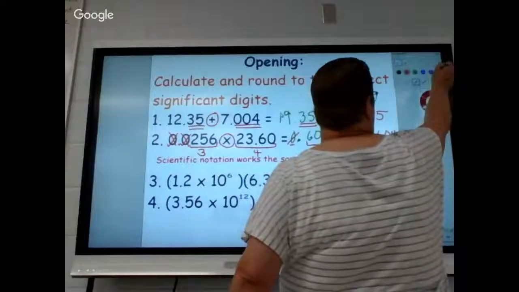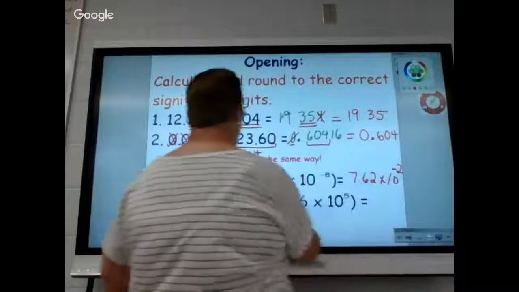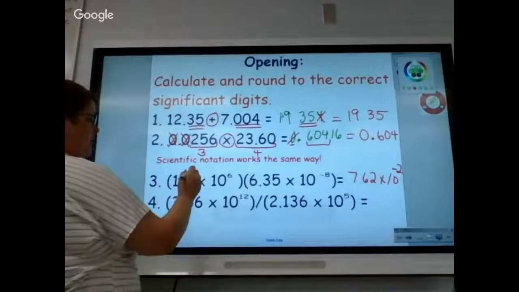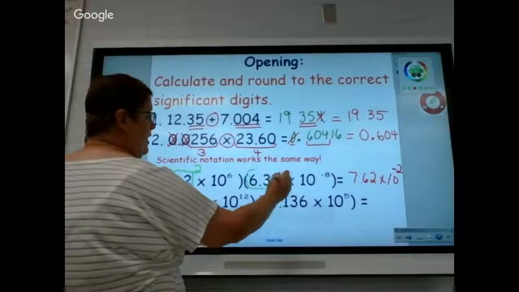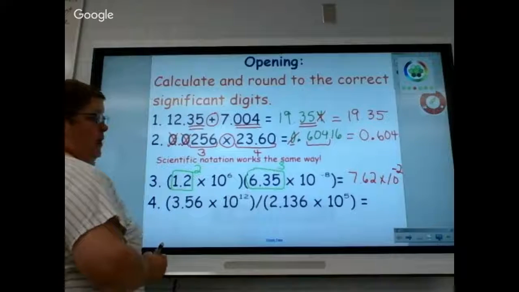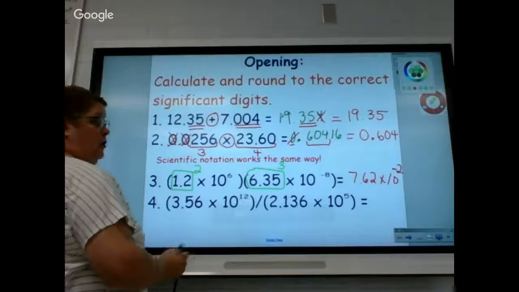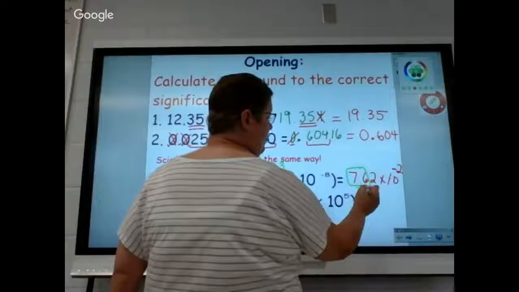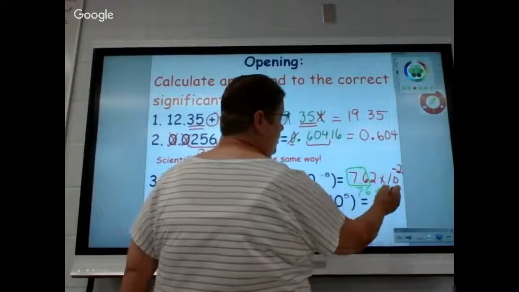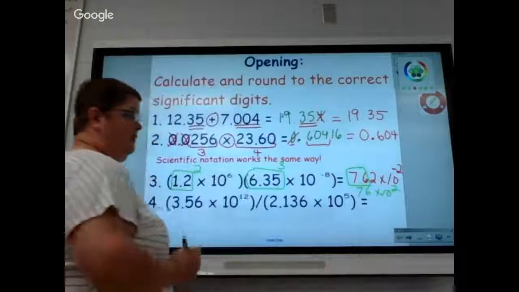Now, we're rounding based on multiplication. So significant digits. We have how many here? 2. How many here? 3. So I only want how many in my answer? 2. The first 2 that are significant are these. So 7.6 times 10 to the -2nd.